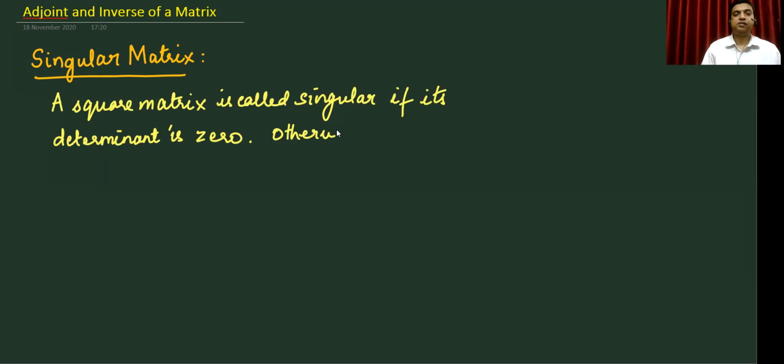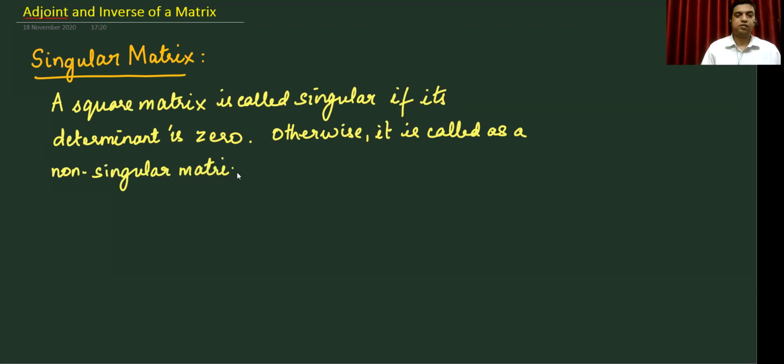Otherwise, it is called a non-singular matrix. So determinant A equal to 0 implies A is a singular matrix.